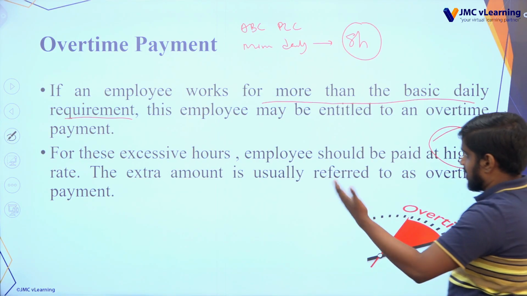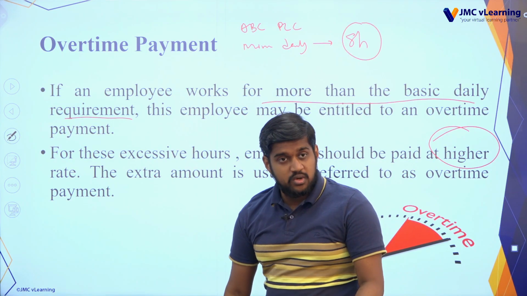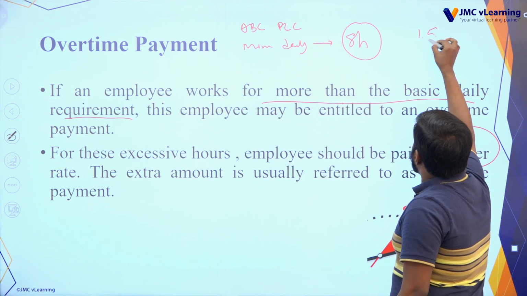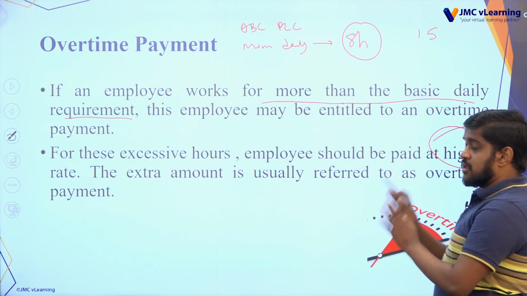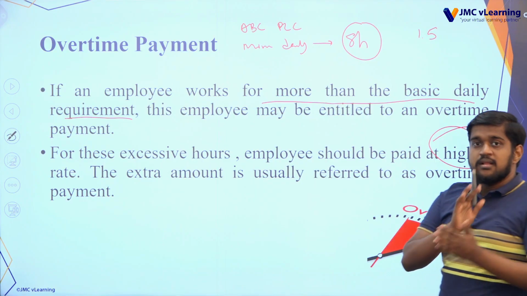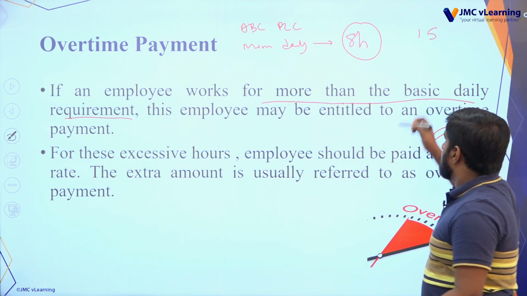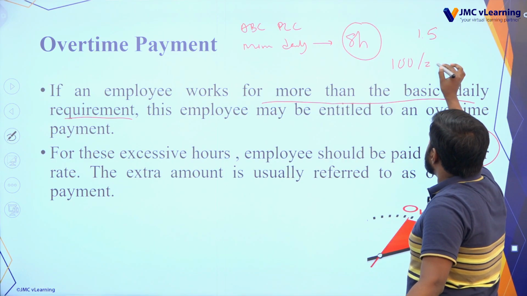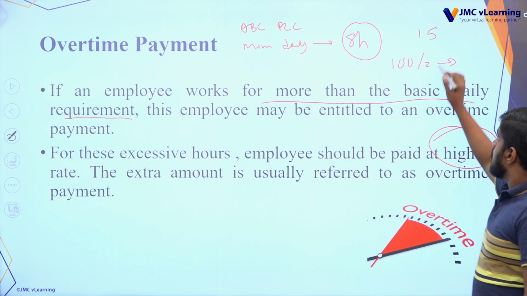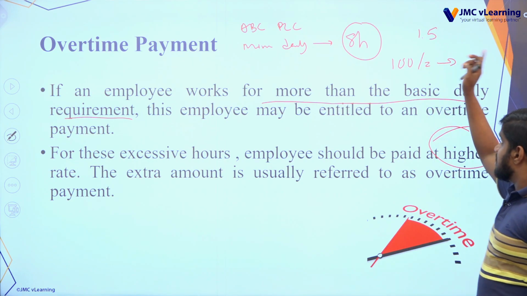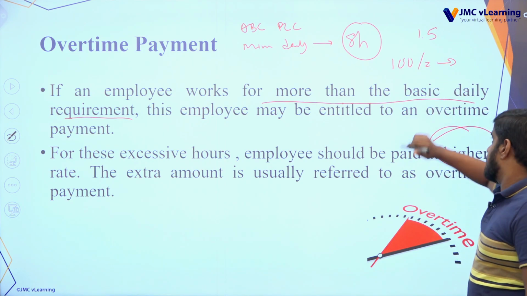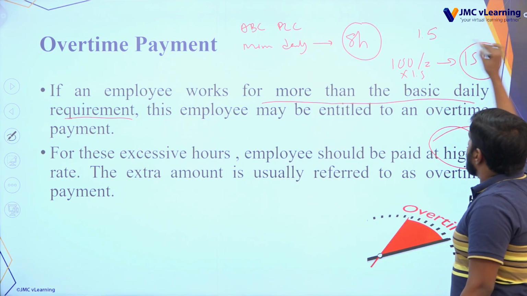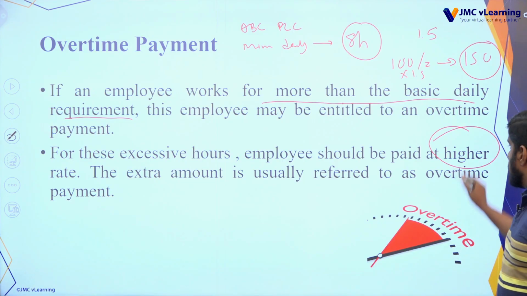Normally, when we consider the Sri Lankan regulatory requirements, it is 1.5 times more than the normal rate. For example, normally if the organization pays 100 per hour, then the overtime rate should be 1.5 times of this 100. That means simply we can multiply it by 1.5, then our overtime rate is 150. Okay, paid at a higher rate.